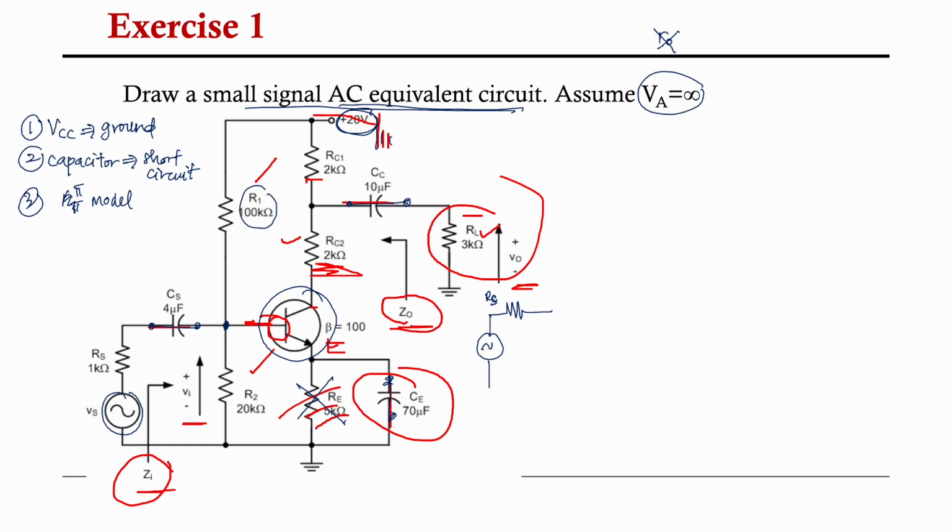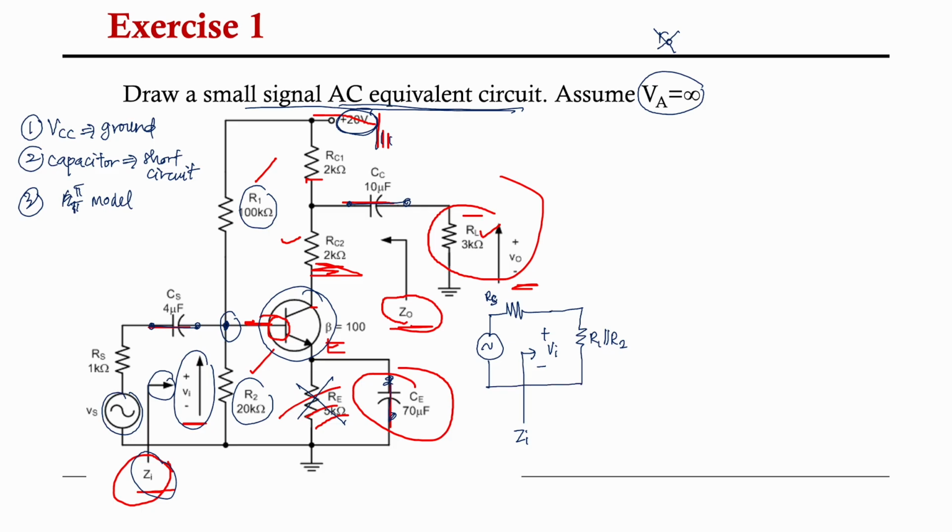For this junction, we have R1 and R2 in parallel, so we can draw R1 parallel with R2. But before R1 and R2, we have Vin. So at this part, we're going to have Vin, and we have Zin, which is this particular part.